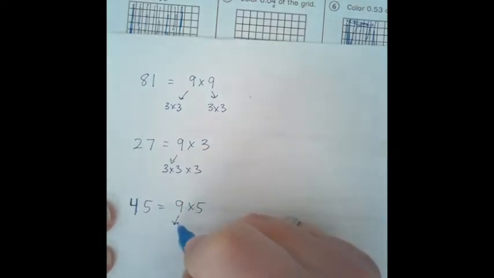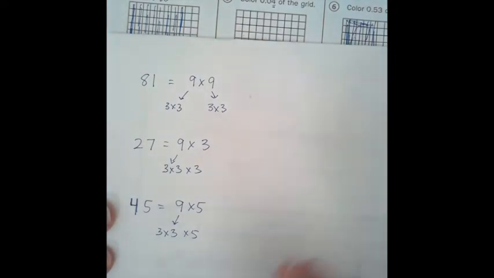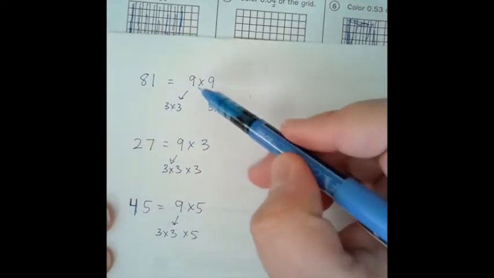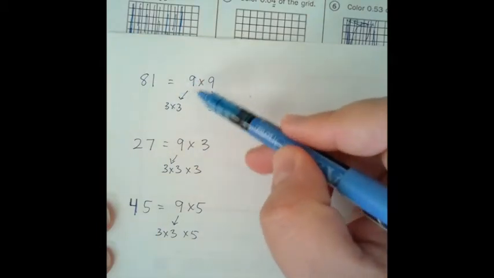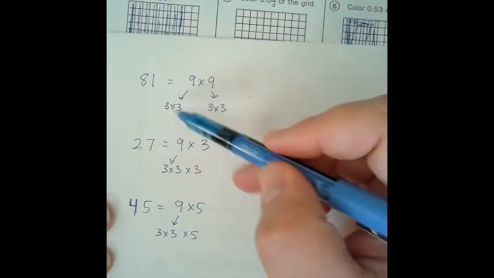And then over here, it would be 3 times 3 times 5. So that was telling me that 81 is not only a multiple of 9, but it's also a multiple of 3. So the answer is 1, 3, and 9.